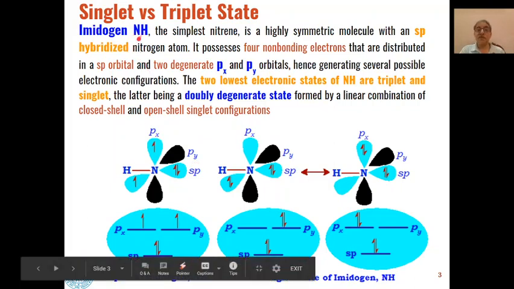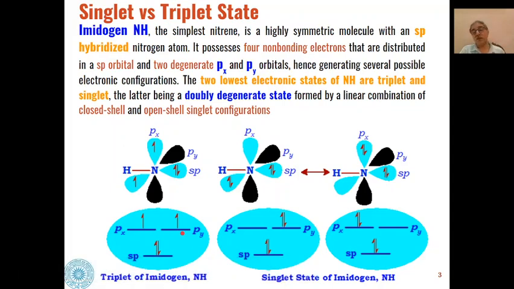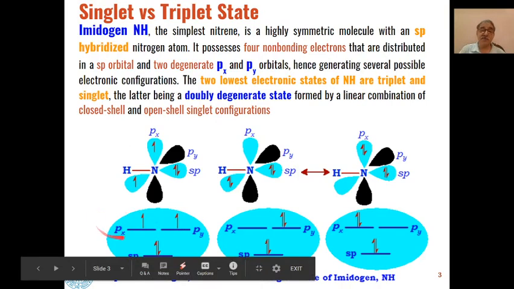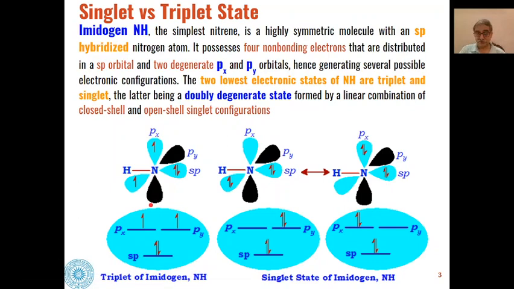And because of the presence of hydrogen, these px and py are degenerate and they have the same energy, and that is why either one electron is present in px or the other is present in py, and such presence of electrons gives us a triplet nitrene.